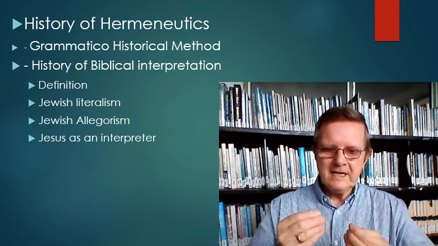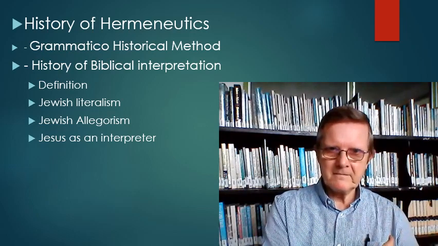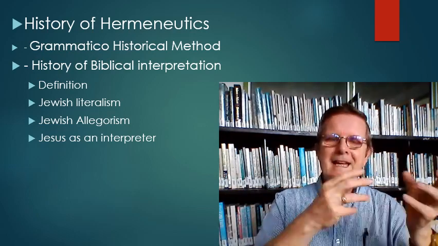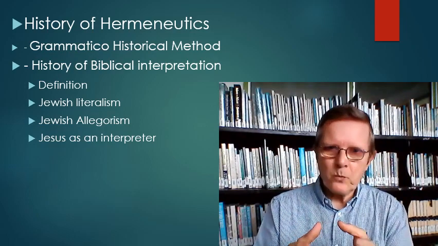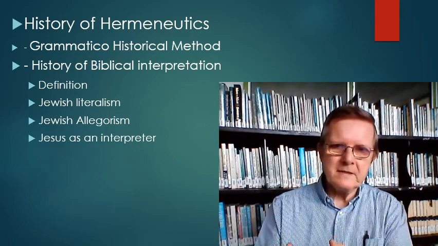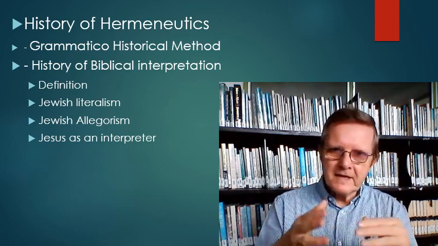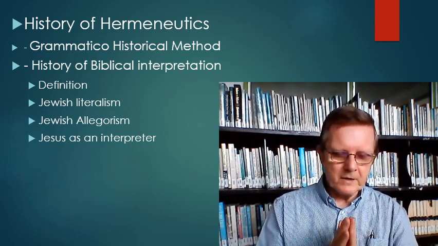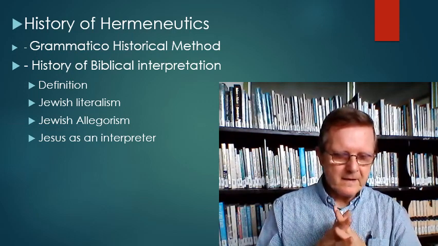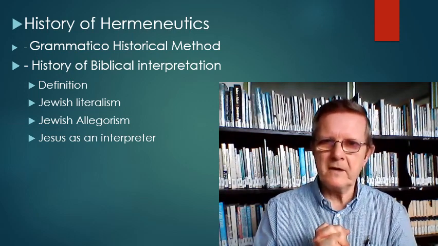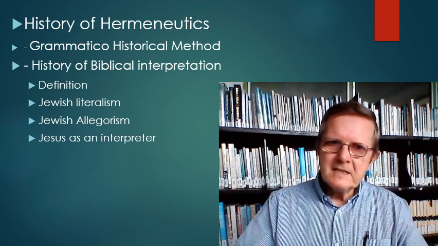There is a link between the grammar of a text and the history of that text: where, when, and why it was written, and how it came to be in our Bibles. That's what he thought was very important, and it still is.